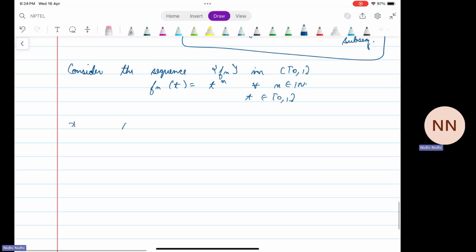This implies AFn at any point t is equal to t times t to the power n, which is t to the power n plus 1, which is basically F n plus 1 of t.